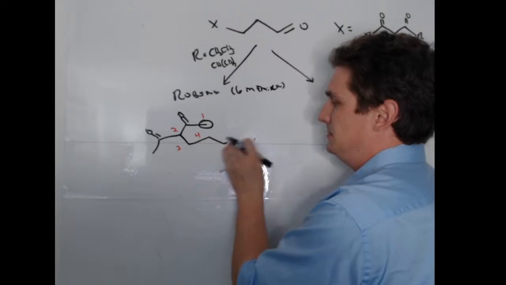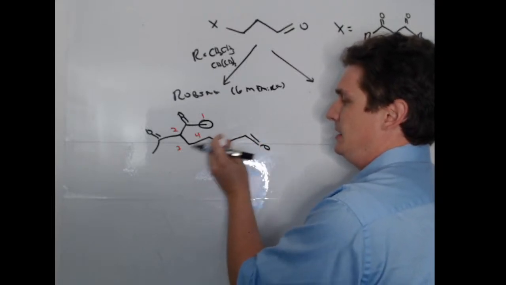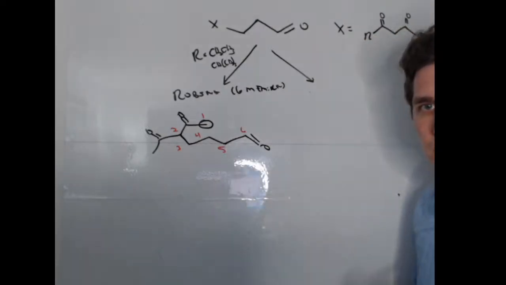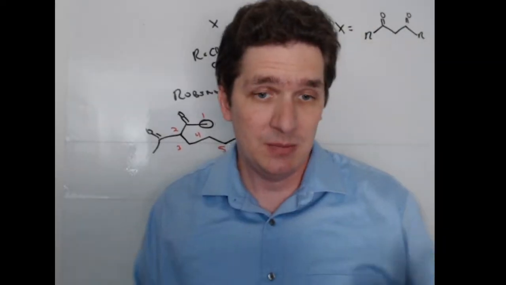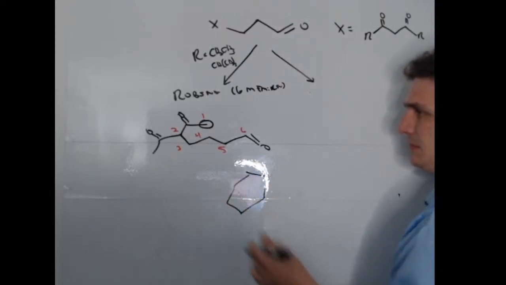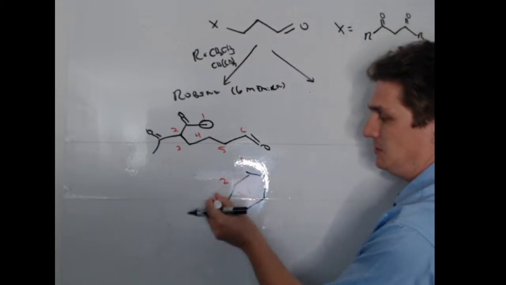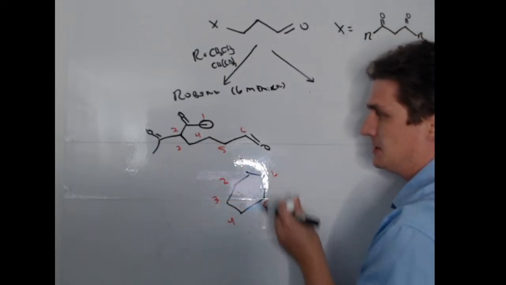Oops, missing a carbon. 5, 6. Draw your six-membered ring. And just arbitrarily start with a 1, 2, 3, 4, 5, 6. So 1, 2, 3, 4, 5, 6.